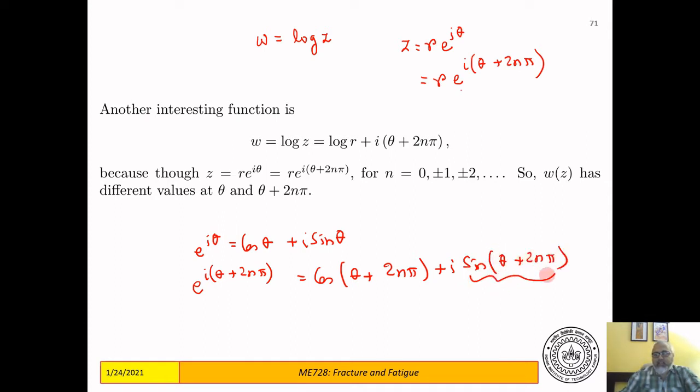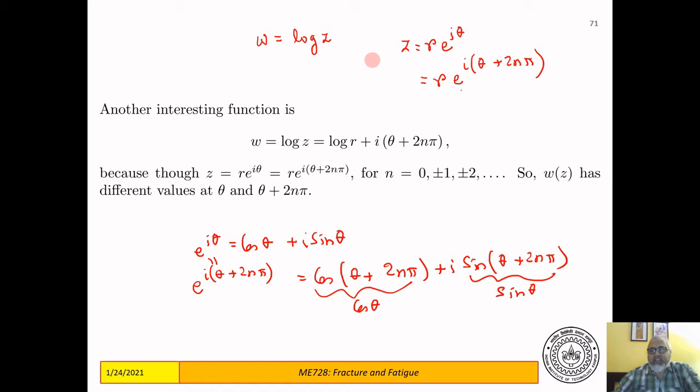So this is equal to sin theta, obviously, and this is equal to cos theta. So these two things are actually equal. So r e to the power i theta and r e to the power i (theta plus 2n pi) are the same things, for n equal to 0, plus minus 1, plus minus 2, and so on.